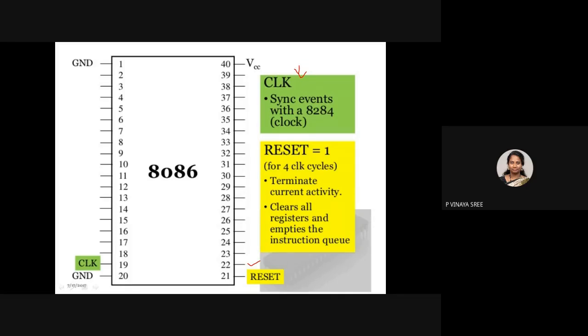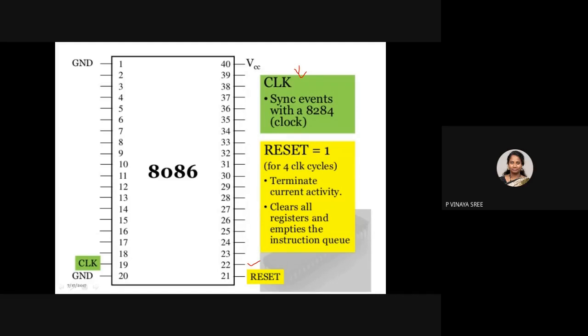We already discussed the block diagram, the architecture of 8086, where we have 14 registers like segment registers, offset registers, flag registers, all those. We also have an instruction queue for prefetching instructions.